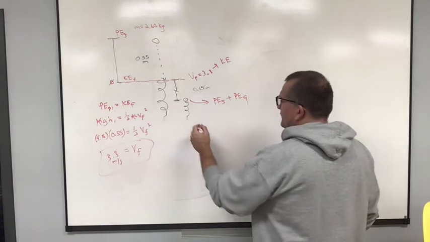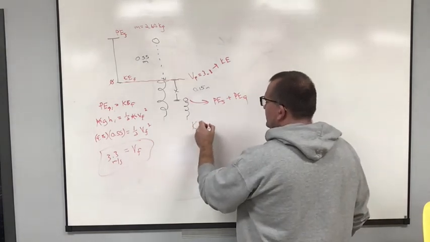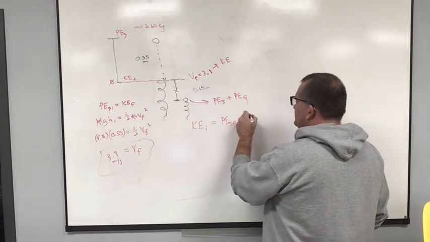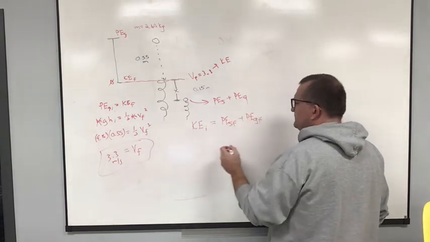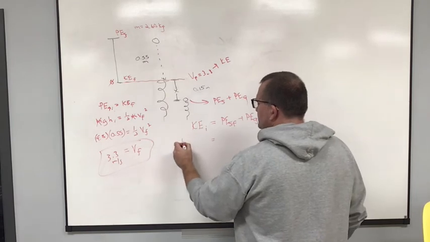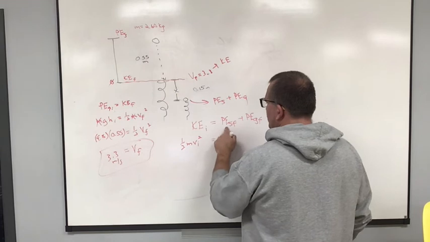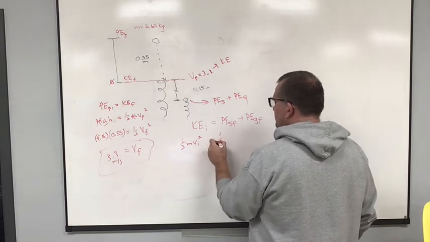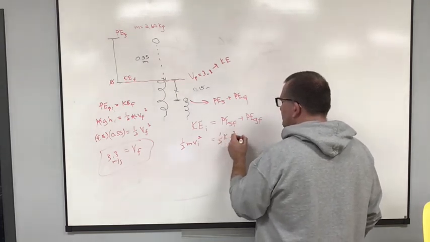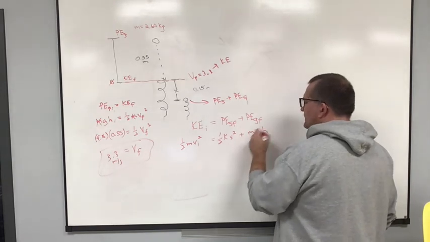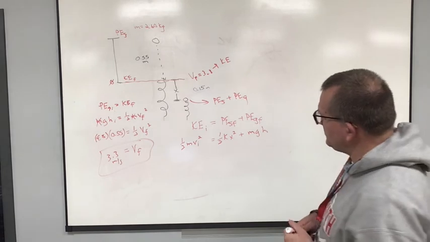We just make our equation: kinetic energy initial equals potential energy of the spring final plus potential energy of gravity final. So kinetic energy, 1/2 m v squared, our initial velocity squared, equals our spring, 1/2 k x squared, plus mgh.